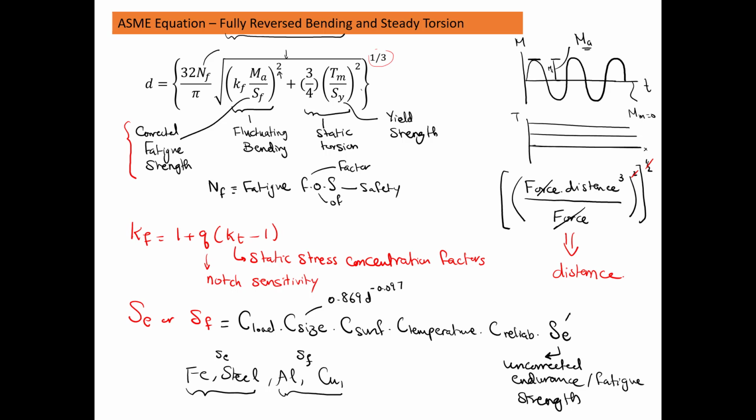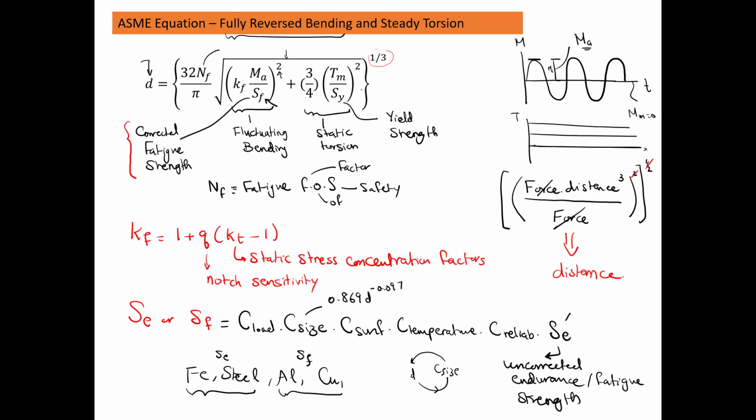Okay, so we need the diameter d in order to evaluate C size, in order to find Se, to plug it in my equation, in order to find the diameter. But wait a minute now, I just said I need d to evaluate C size, to find Se to find d. So it's kind of like a circle. I need d to find C size, and I need C size to find Se or Sf in order to find d.